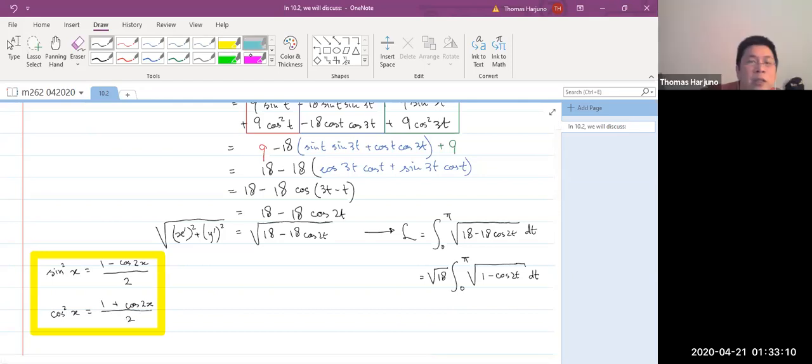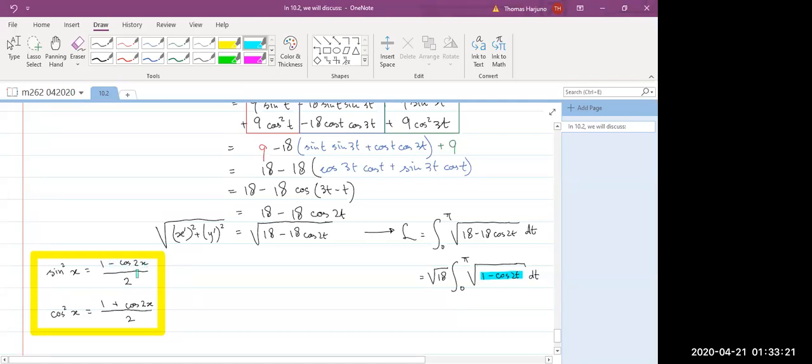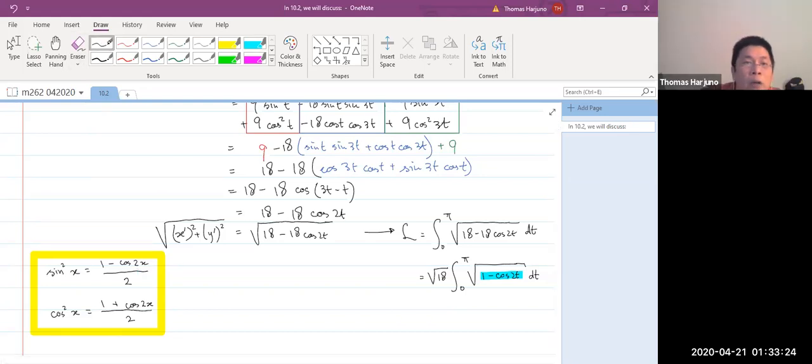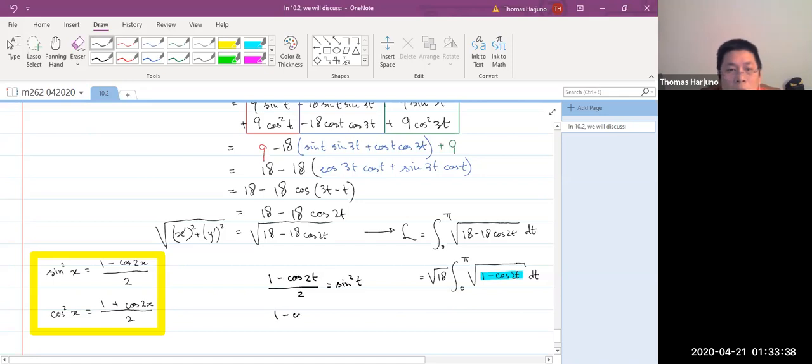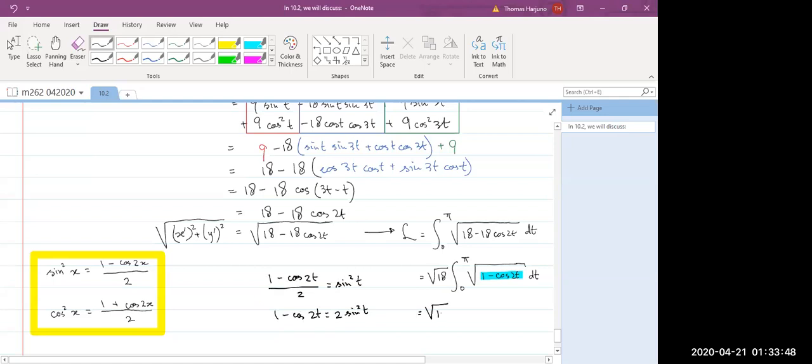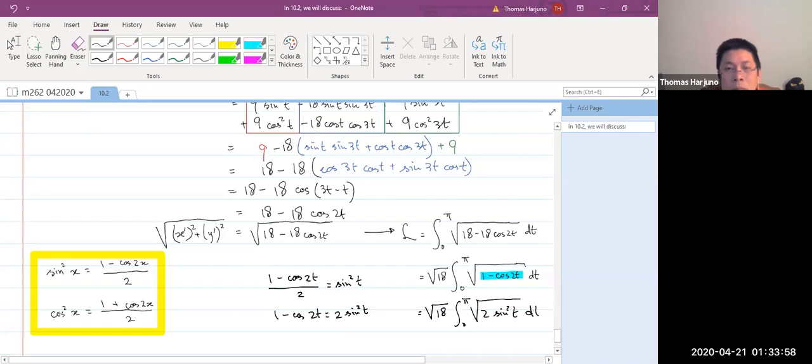Now the radicand here is similar to this, right? So 1 minus cosine 2t over 2 equals sine squared t, so 1 minus cosine 2t equals 2 sine squared t. Agree? So far so good?